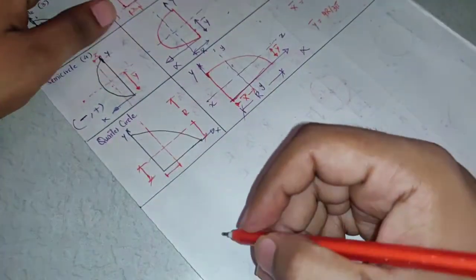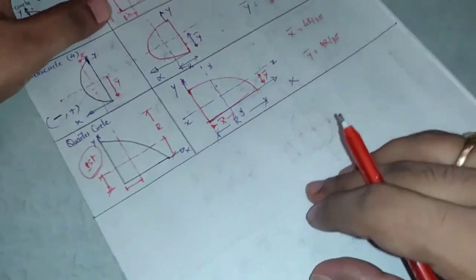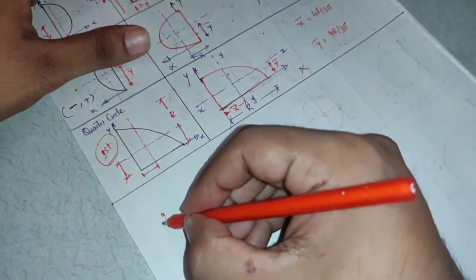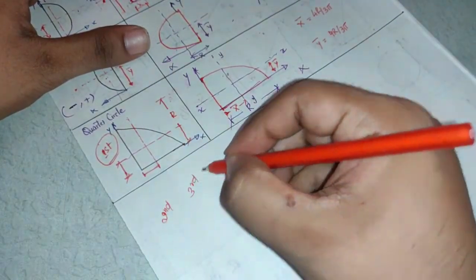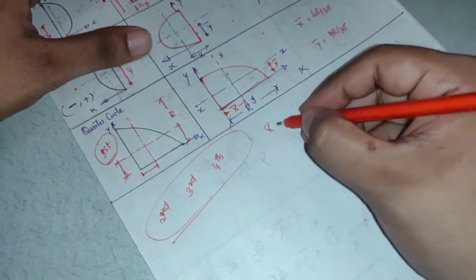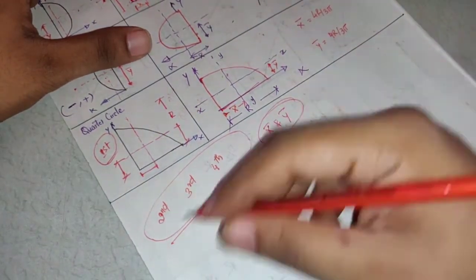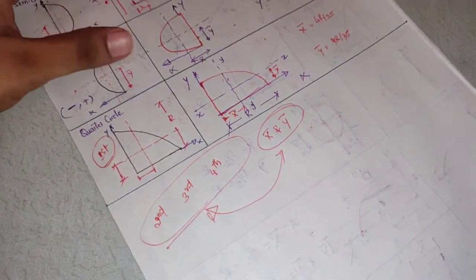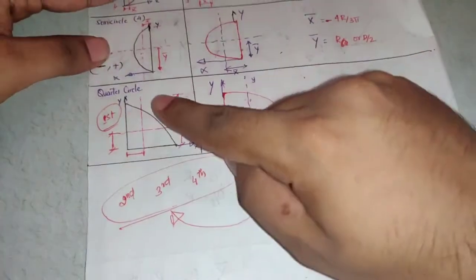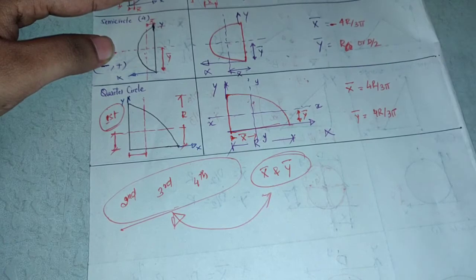So the assignment for you is, I have placed the quarter circle in the first quadrant. Now what you have to do is place the quarter circle in the second quadrant, third quadrant and fourth quadrant, and tell me what the value of x bar and y bar is for these three quadrants. I have placed the quarter circle in the first quadrant and written the value of x bar and y bar.